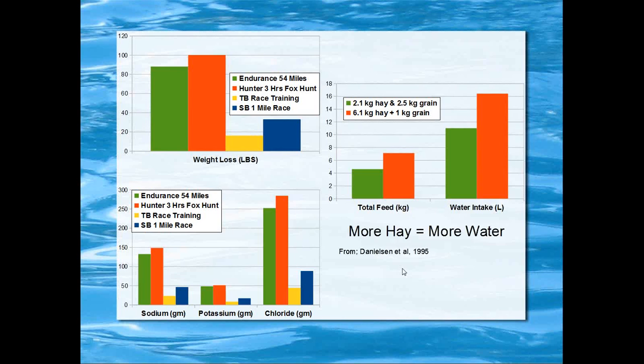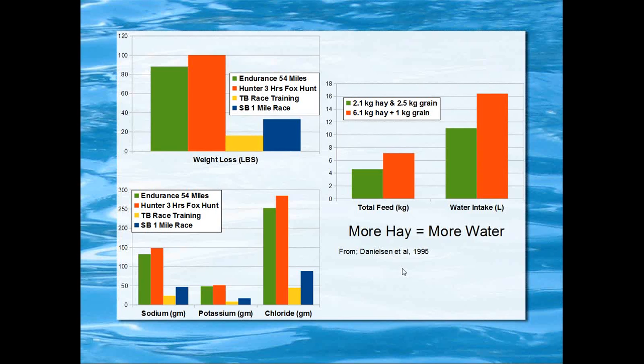Wow, do you see that the water intake level increased tremendously? So if we can have more hay in a horse's diet than grain, we have more water coming into the horse. We are going to be more prepared for sweat loss prior to a competition or traveling.